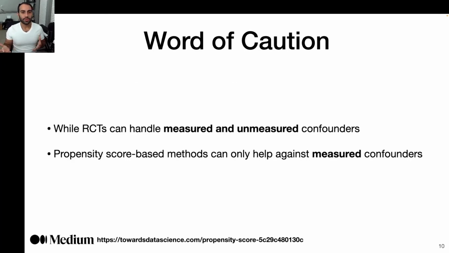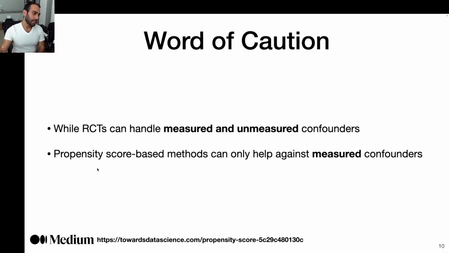Okay, so before we jump with joy and say that we can compute causal effects from any observational data set, I would share a word of caution. So the whole point that people go through the trouble of randomized controlled trials is that they can handle both measured and unmeasured confounders. Through the randomization process, you can mitigate systematic differences between your treated and untreated populations.